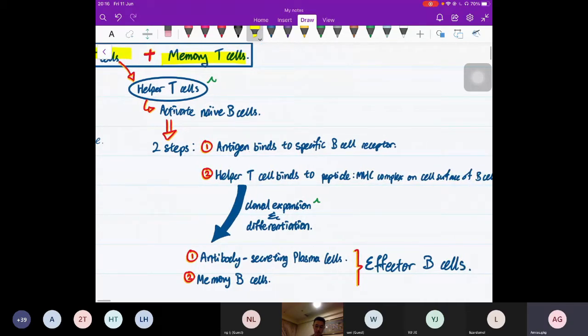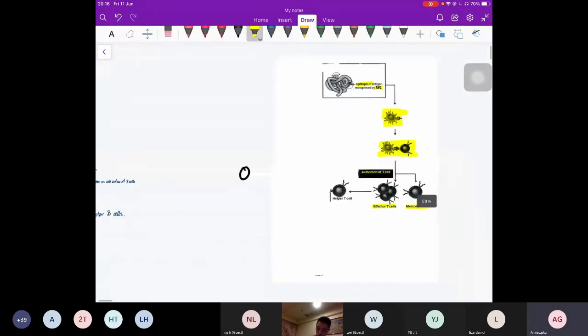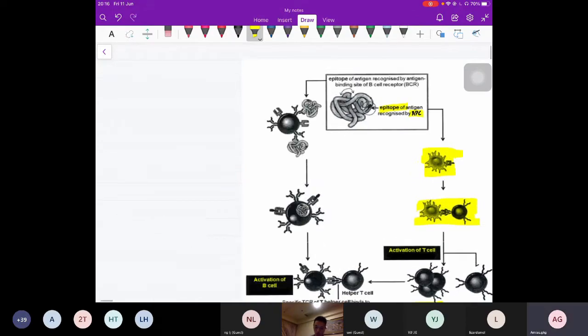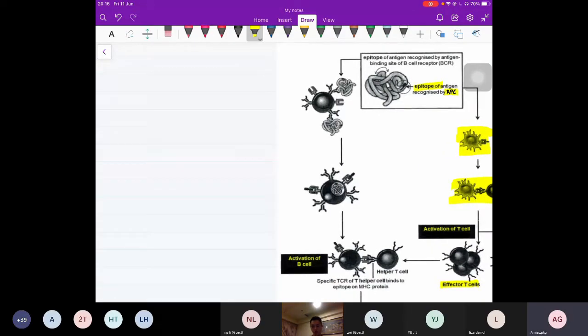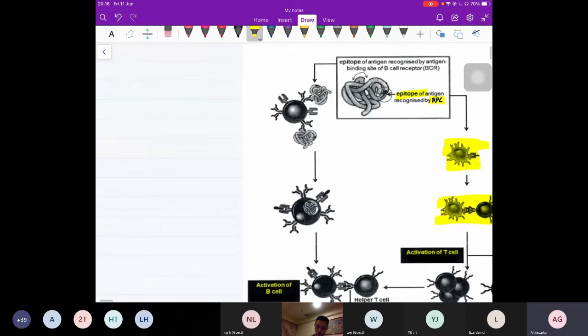Okay, and then we have helper T cells. So the only role of your helper T cells is to activate your naive B cells. Okay, so the process of the activation of your naive B cells occurs in two steps. So the first step is where you have the epitope of your antigen recognized by your B cell receptor, and it's the specific B cell receptor.